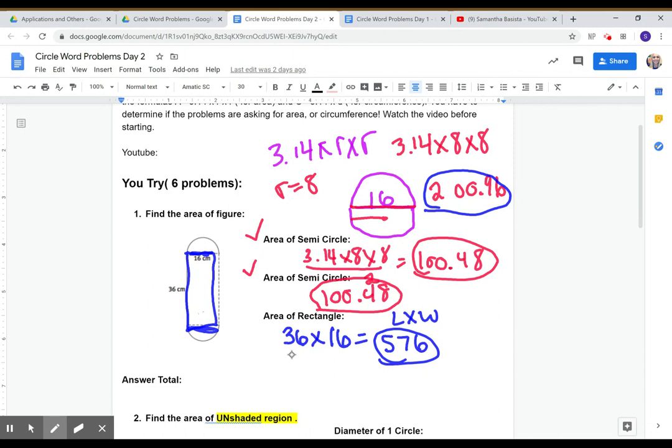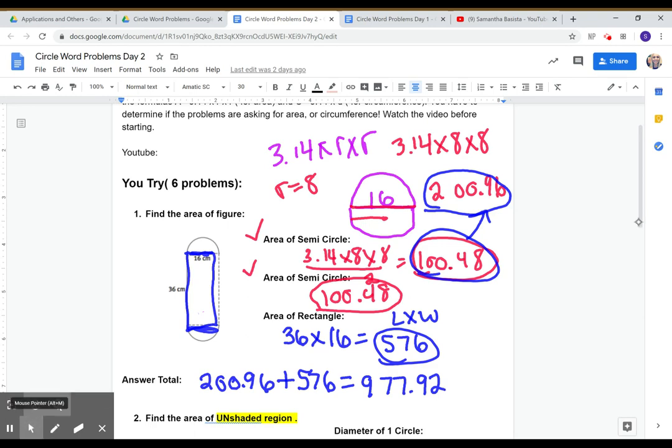I know 100.48 and 100.48 gives me 200.96, plus the rectangle, which we got as 576. All together gives me a final answer of 977.92.